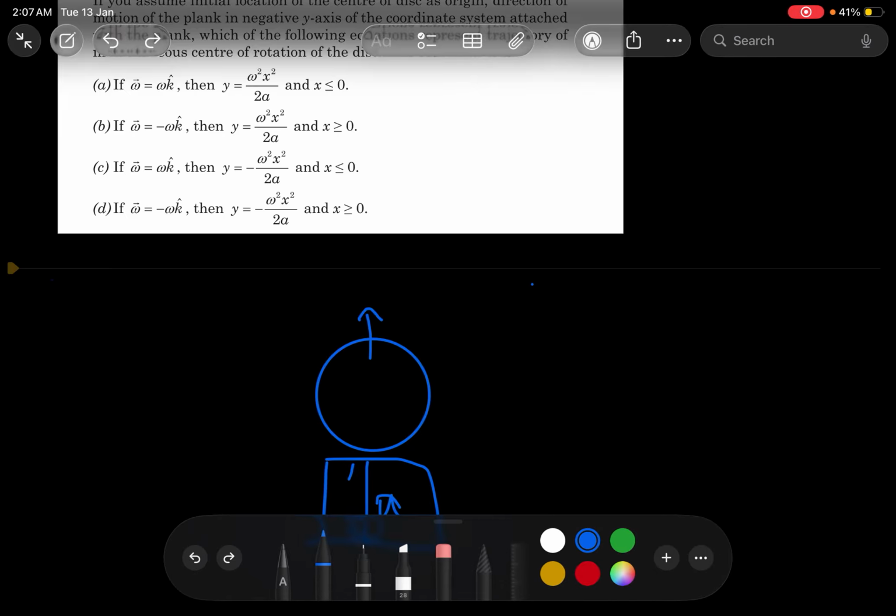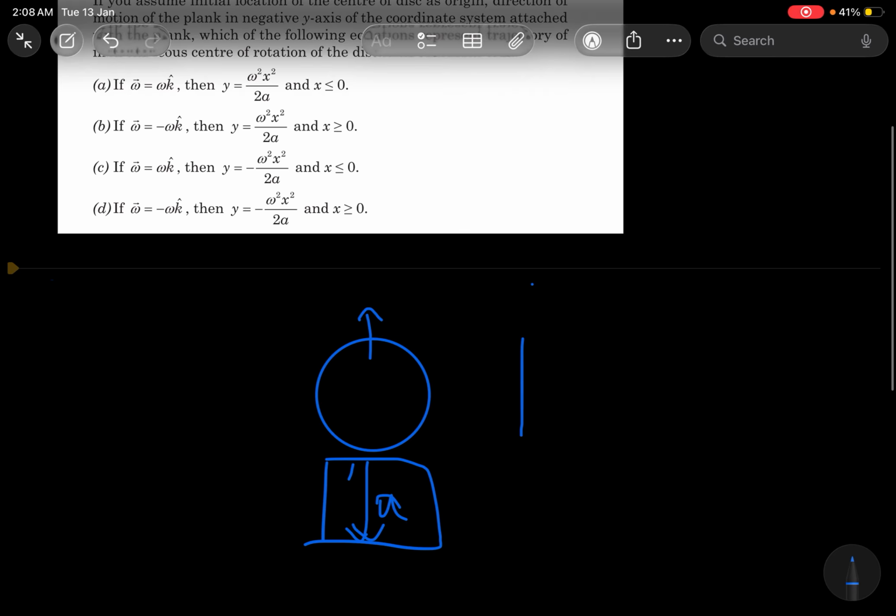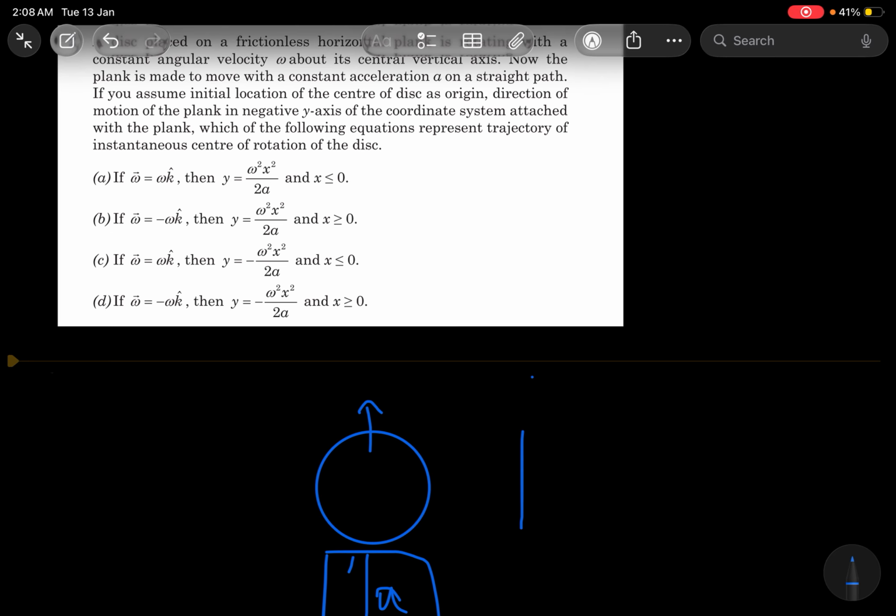And in the question they are saying that the coordinate system is attached with the plank. So which of the following equations represent trajectory of instantaneous center of rotation of the disk? So they are asking which of the following equations represents trajectory of instantaneous center of rotation of the disk.